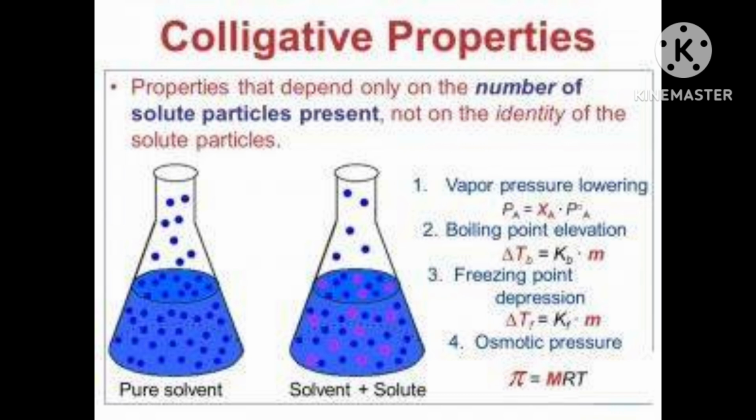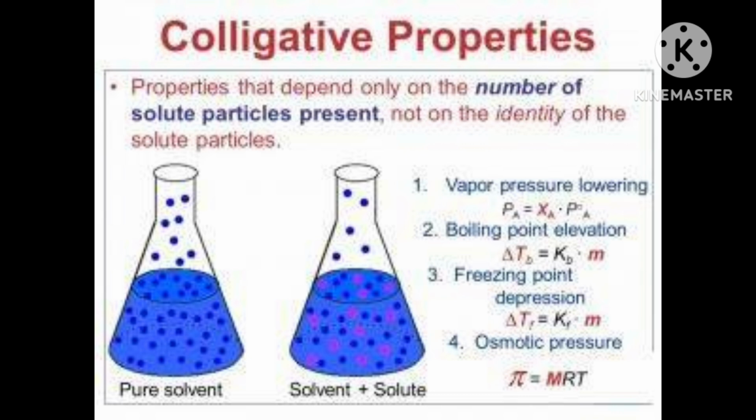Why solvent? You know that here we are using a binary solution of 2 components, and the solute is non-volatile. Don't forget, in all 4 cases the solute is non-volatile. If you take pure solvent, then its vapor pressure will be more, as I discussed in the previous class.